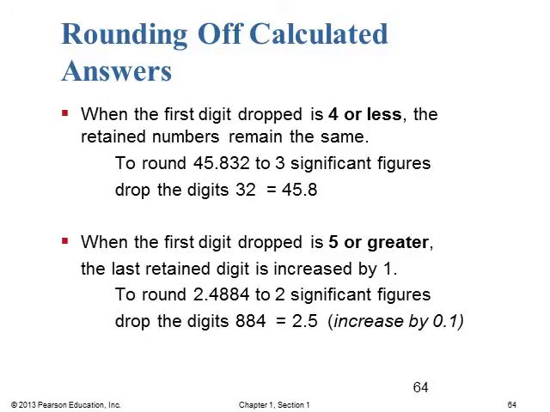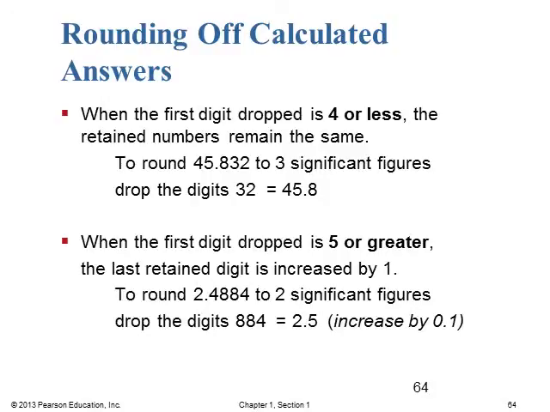So as many of you have learned in the past in your math classes, once you figure out where you're going to round off your number, where you are going to cut off that number, if the first digit that's going to be chopped off or dropped is 4 or less, then you're going to keep everything the same in your reporting value.